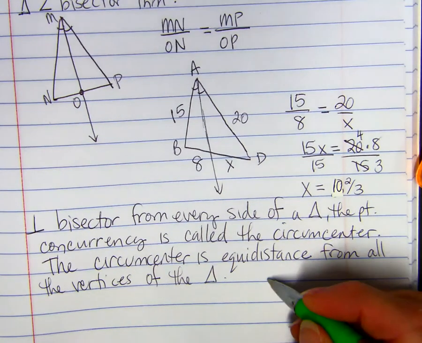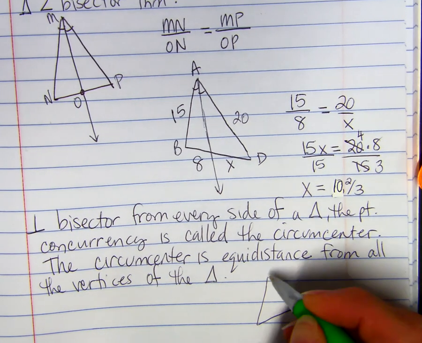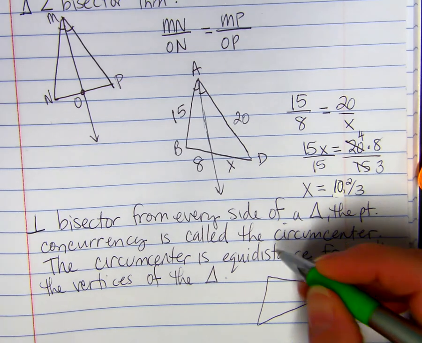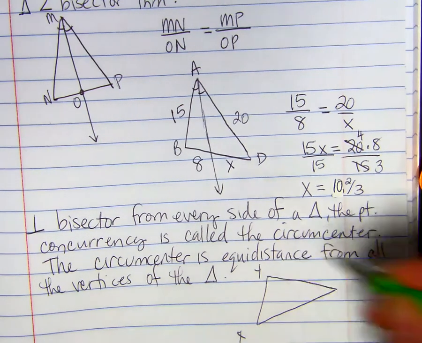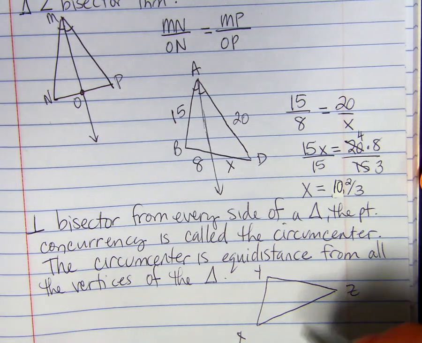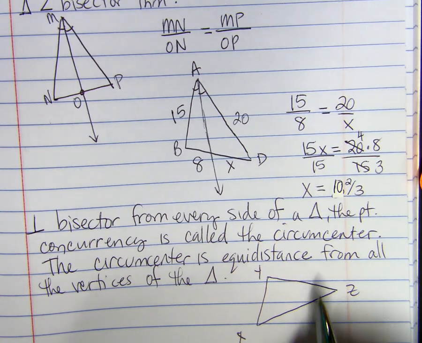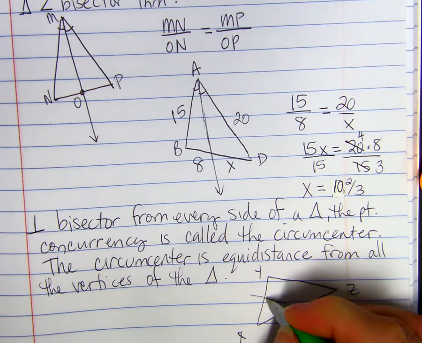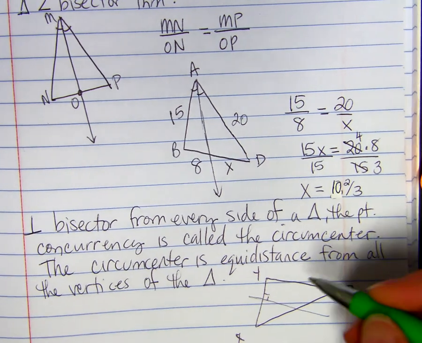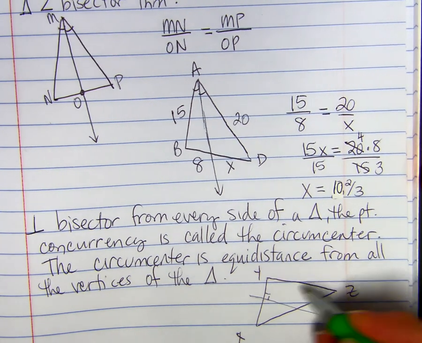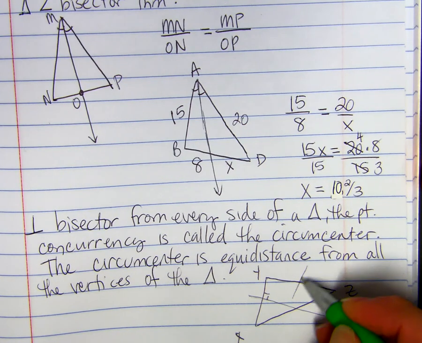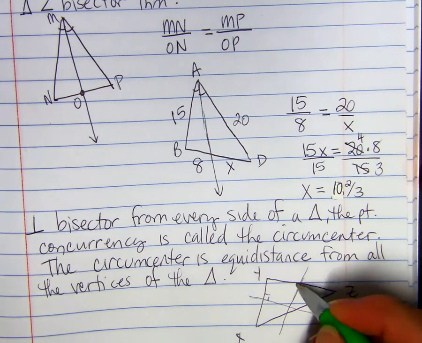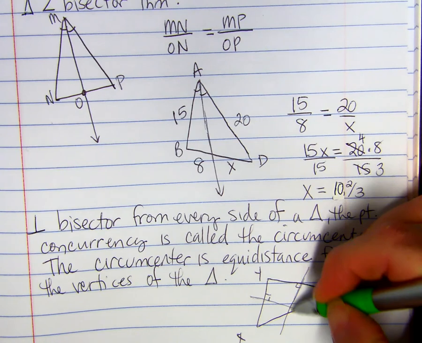So here's an example. If we have x, y, z, if we draw the perpendicular bisector, so this is perpendicular, cutting it in half, supposedly. And then this one is perpendicular, and this one.